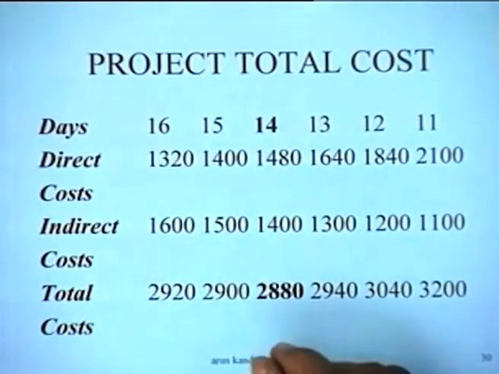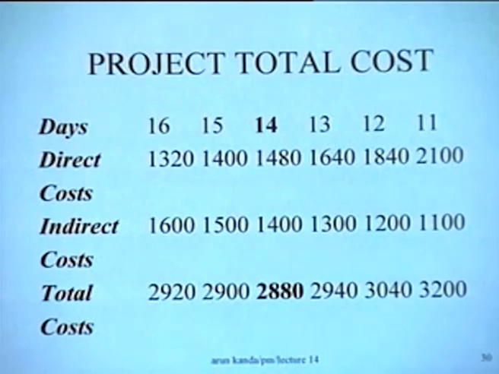However, if you indiscriminately crash all the activities, you would still get a duration of 11 days, but you would be paying a much higher cost. So selectively crashing the activities is what is really required when you want to reduce the project cost to that particular value. So this is another interesting thing in this particular analysis.